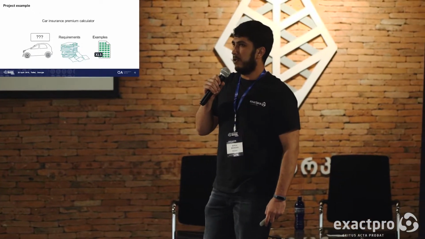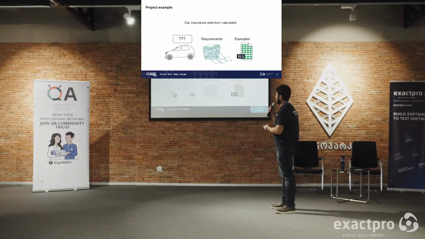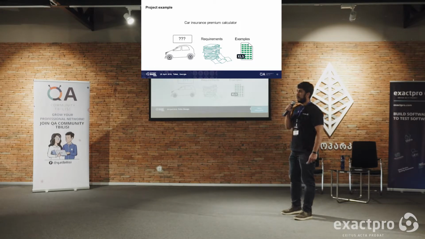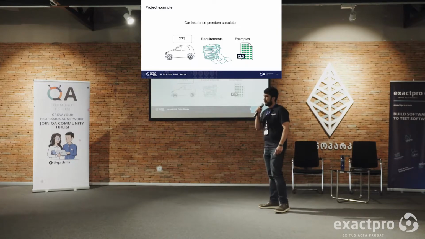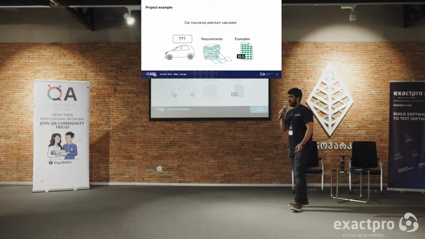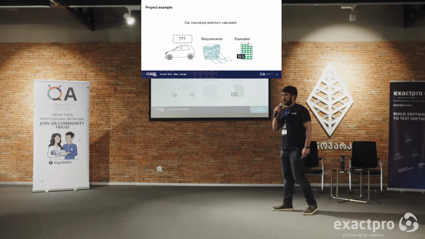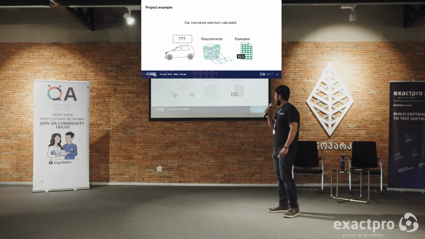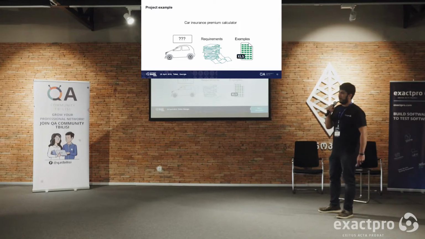And the client expected that the developer would use the documentation during development, and when the software is ready, he'd go through this spreadsheet and try the examples to check if the system works fine or not. But it turned out that the documentation is not the main source of information. Instead of that, the developer decided to use the spreadsheet itself.